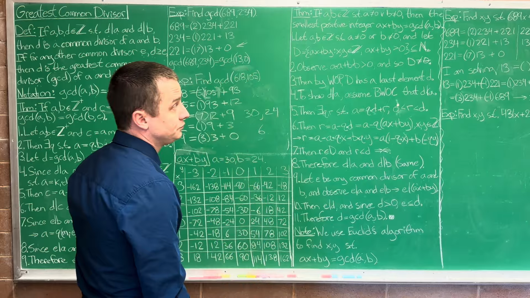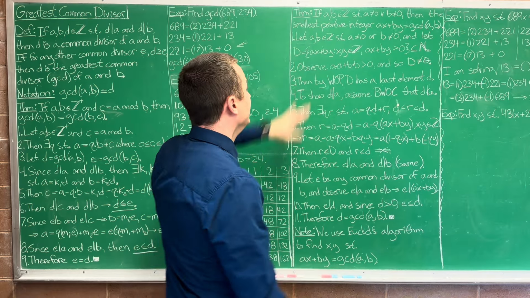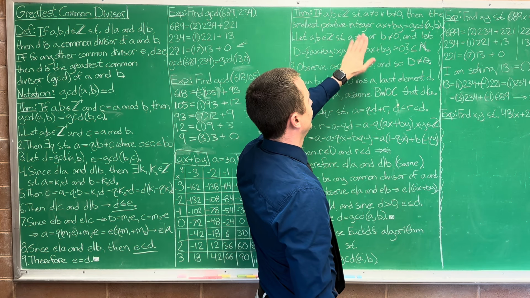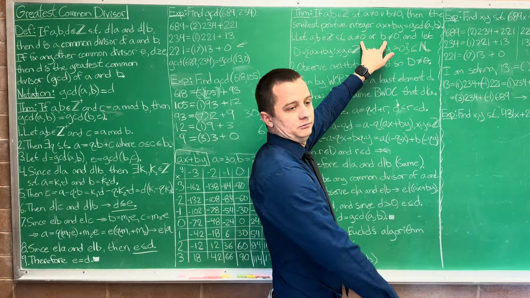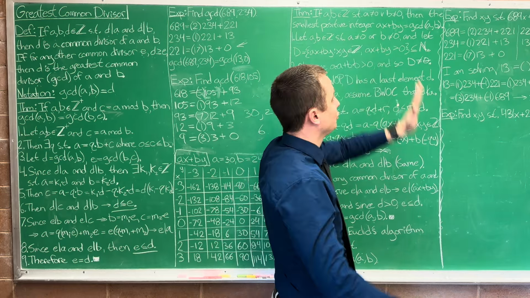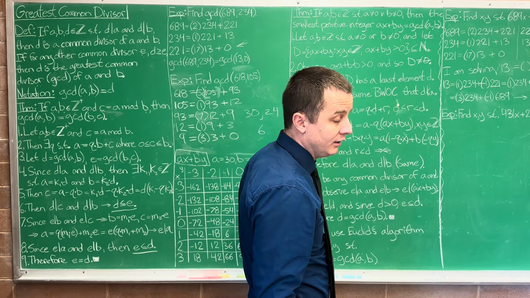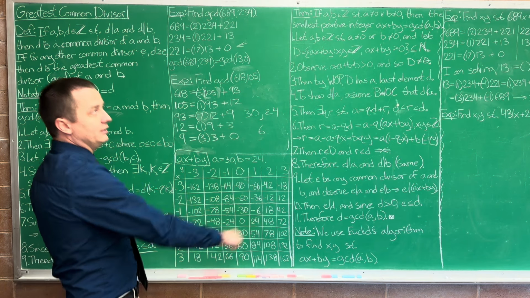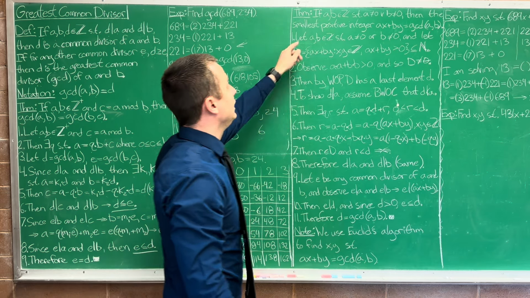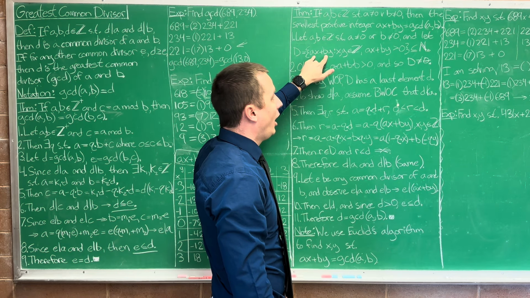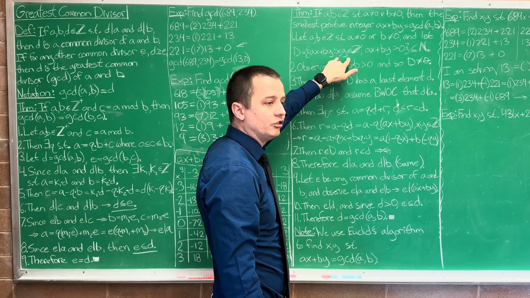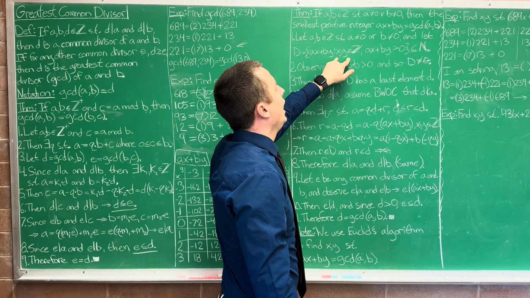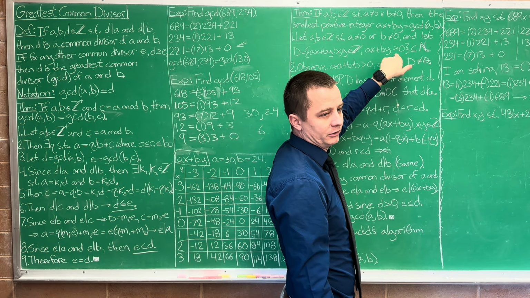Good so far? Yeah. Alright, let's set it up. Let a and b be integers such that either a is not 0 or b is not 0. Most likely they're both not 0, but at least one of them is for sure not 0. And now I'm going to let d be the set of all the numbers that show up in this table. So d is all the ax plus by's you could possibly get for every possible combination of x and y, with one limitation: we're only going to take the positive numbers.